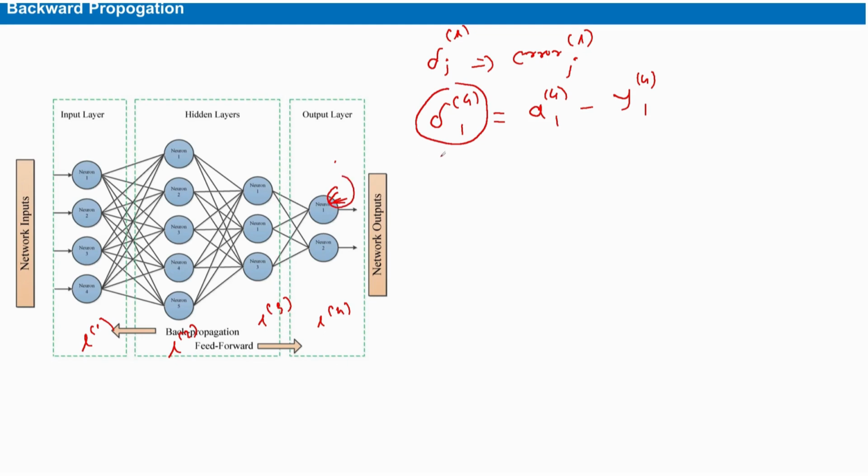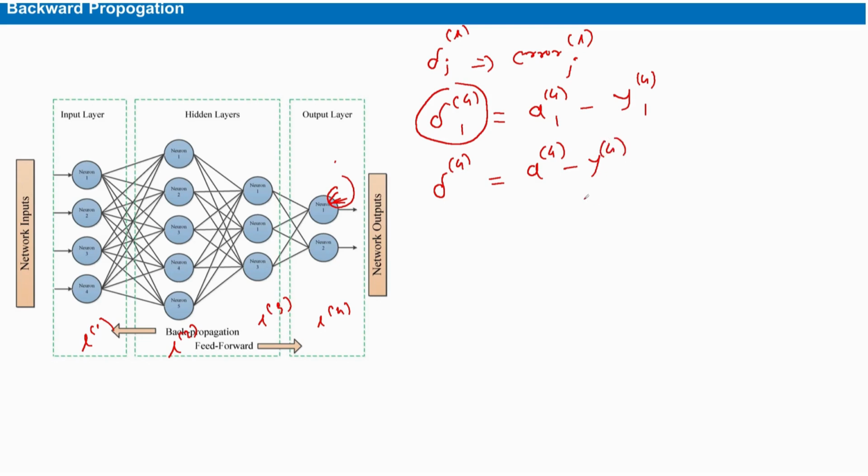If I present this in vectorized representation, delta with respect to the fourth layer, meaning all the errors with respect to all the neurons in the fourth layer, I can compute as the activation in the last layer, which is the fourth, minus our ground truth at the fourth layer.